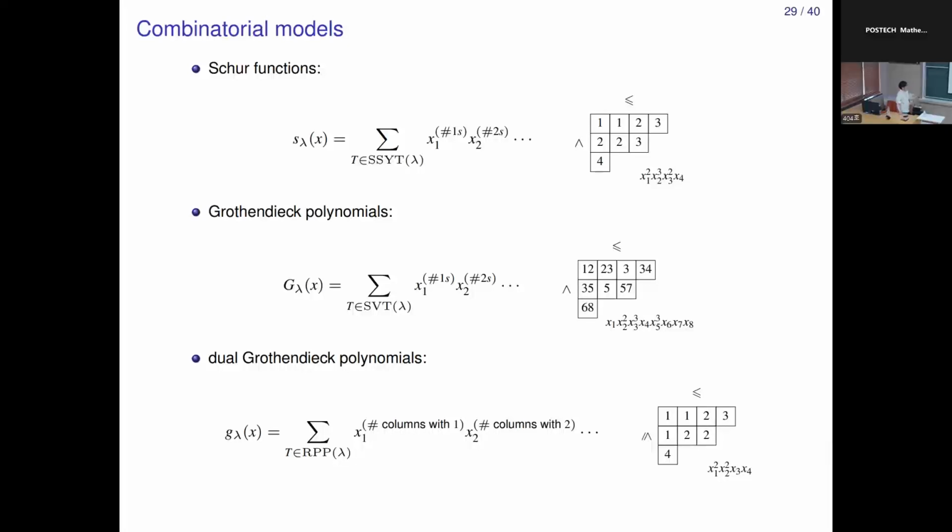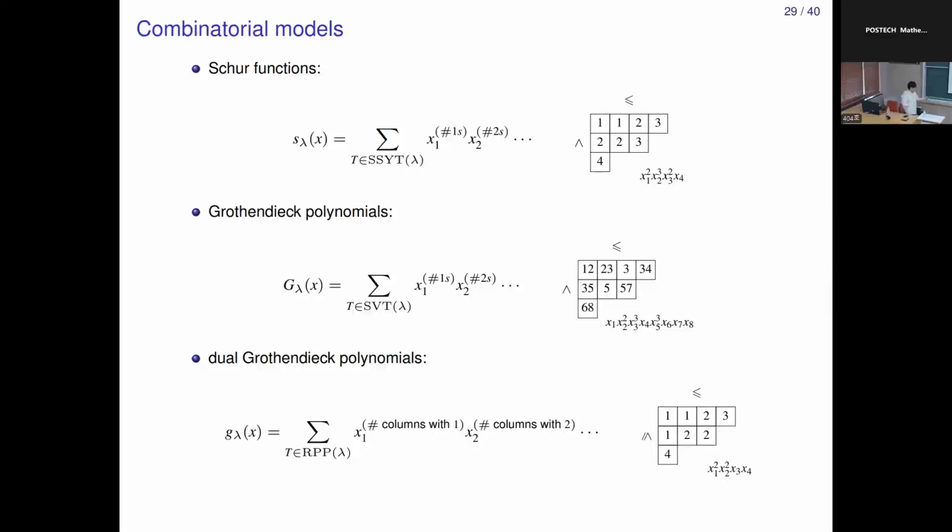Instead of having x1 to the number of ones, it's going to be x1 to the number of columns with 1. So in this example, there are 2 columns containing 1. So it contributes x1 squared. It's not like x1 cubed. And there are 2 columns containing 2, so x2 squared. 1 column containing 3, so x3. And 1 column containing 4, x4.